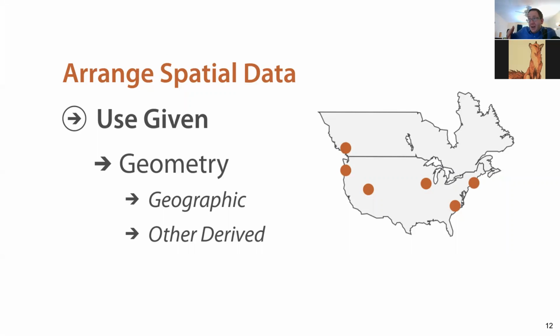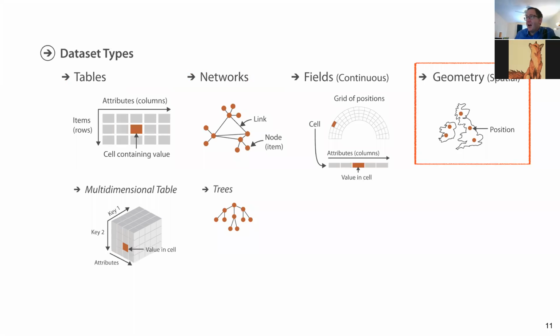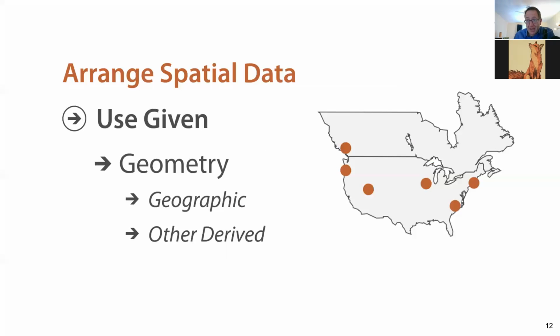So the spatial arrangement is given to me, unlike, let's say, a field where I don't know where the grid pattern is going to be, unlike a tree where I could represent it a whole bunch of different ways and it doesn't really matter, unlike a bar chart or anything like that. The spatial coordinates are given to me.